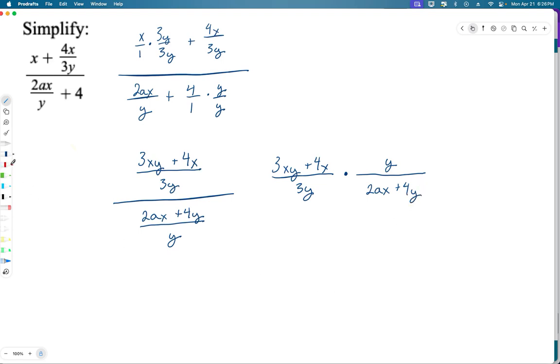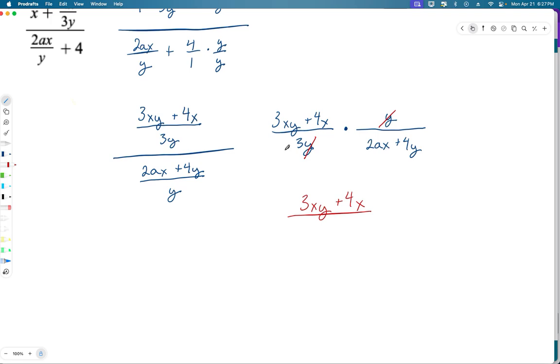So the only thing that I can see that I can cancel is the y, right? So I'm just going to keep it in red. So now the only thing in the numerator is 3xy plus 4x over, I have 3 in this denominator, and it's multiplied times this.